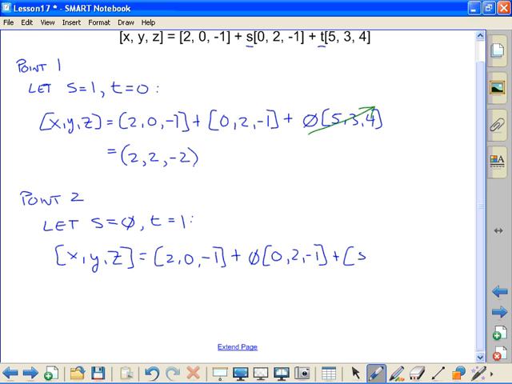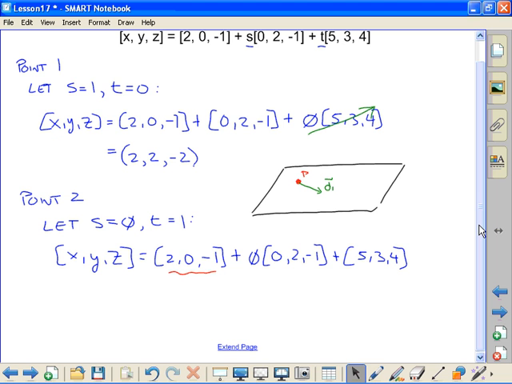plus 5, 3, 4. And remember, the values of S and T are really telling you, from the given point, 2, 0, negative 1, how far do I travel along the first direction vector, and how far do I travel along the second direction vector, whichever orientation it is, to get to my new point.